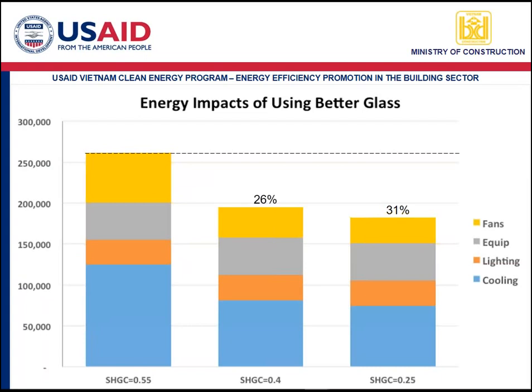If we go to a better single pane glass with an SHGC of 0.4, we can save 26%. If we go to a double pane, low E glass, with an SHGC of 0.25, that's a prescriptive requirement in the US, we can save 31% just by using better glass.